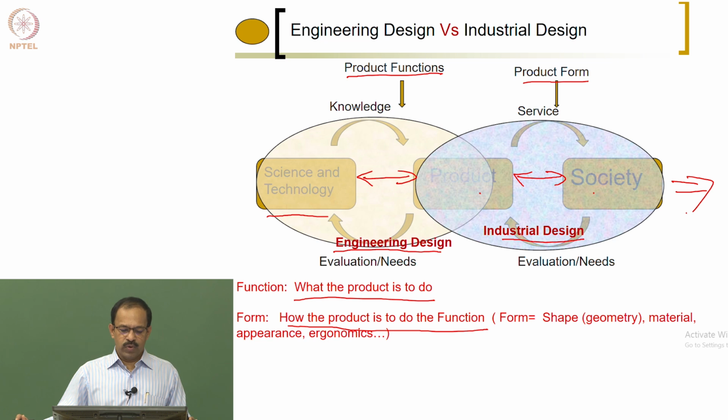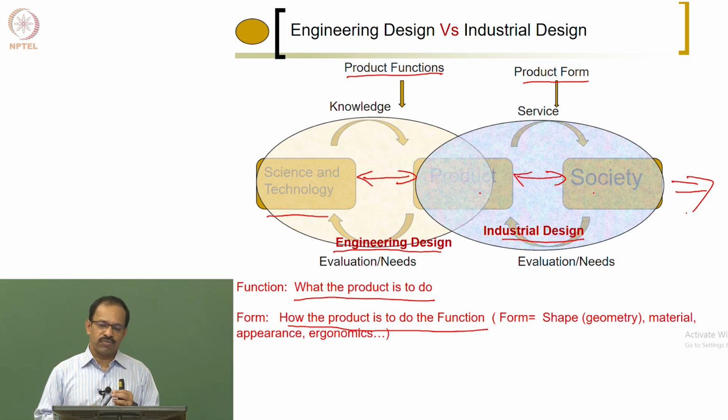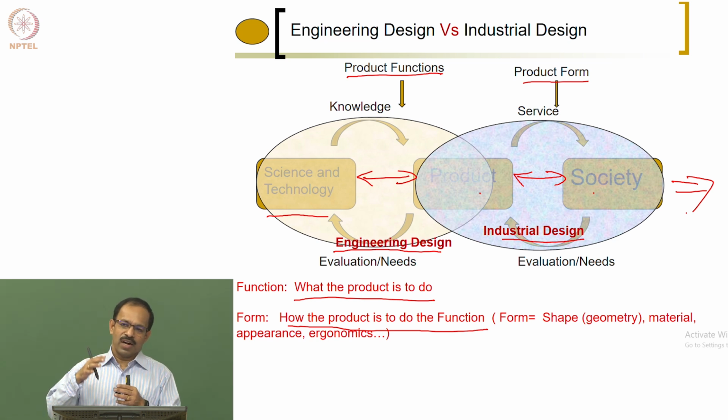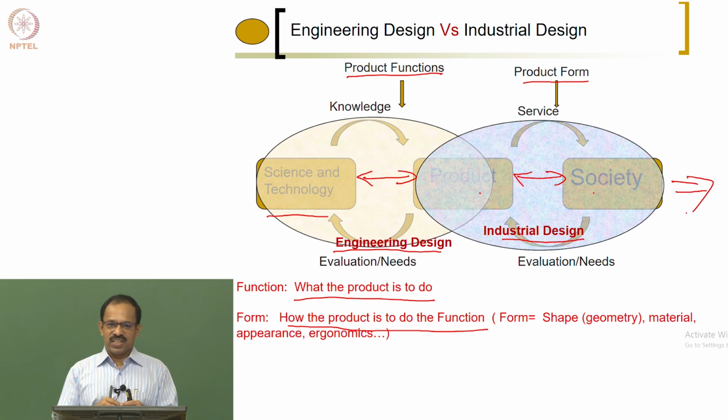So this is how we can actually differentiate the role of engineering designers and the industrial designers. So industrial designers are more of what you call the soft side of the design, and the engineering designers are on the hard side of the design, where they look at the engineering aspect of the product, make sure that it will meet all the requirements.